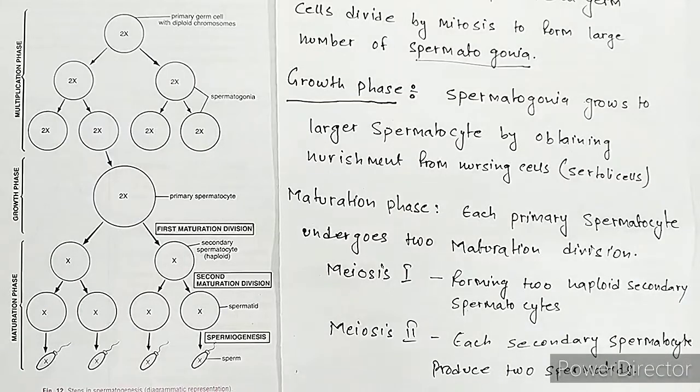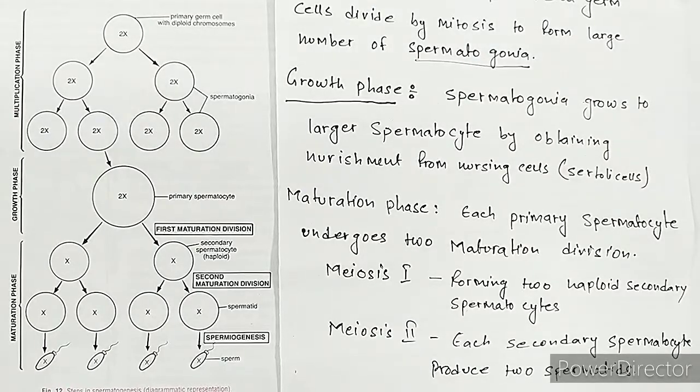And these spermatids then, by the process of transformation, result in the circular spermatid becoming a spermatozoon, and it is known as spermiogenesis.